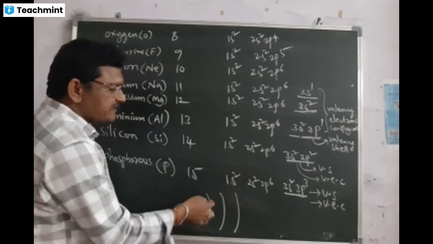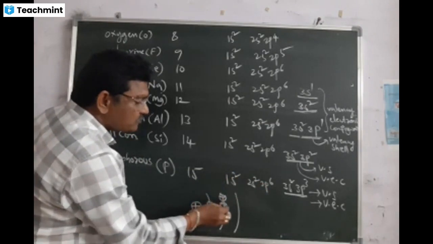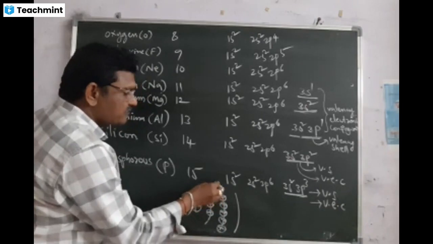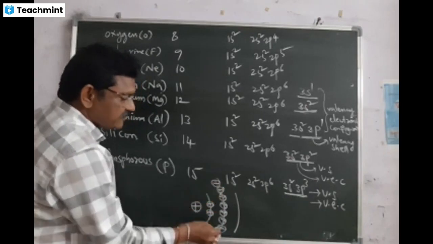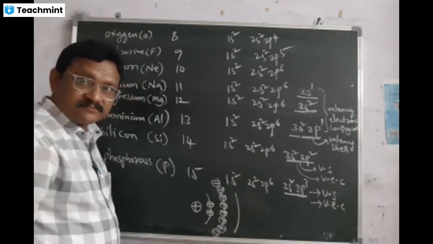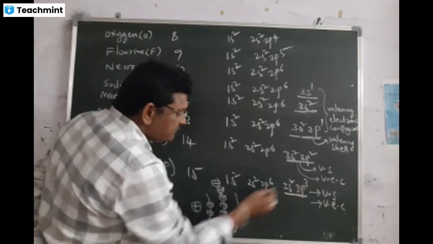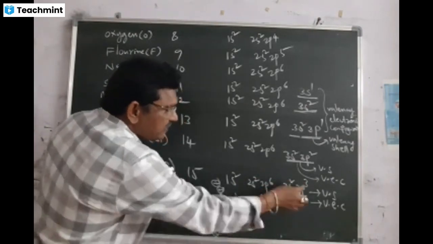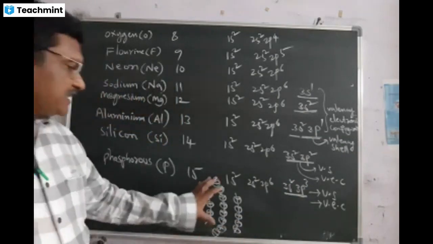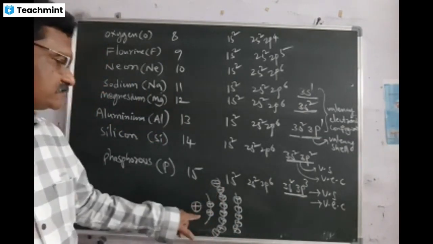In the second cell, 6 plus 2, that is 8 electrons. In the third cell, 3s2, 3p3, that means 2 and remaining 3. So this is the electronic inner core structure of phosphorus.